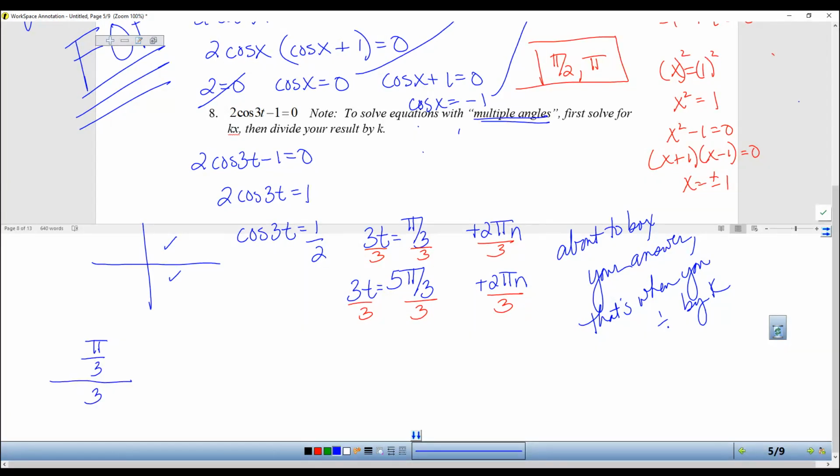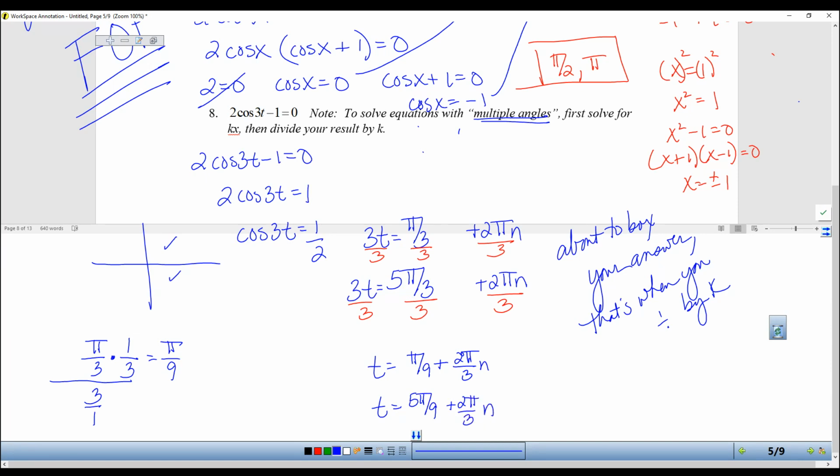The easiest way to divide fractions is actually a fraction by another fraction, not just a whole number. So change it to 3 over 1, and then flip it and multiply, or keep, change, flip. Either way, it's going to give you pi ninths. Got to get good at those fractions. So t is equal to pi ninths plus, and then that one is already a whole number, so you can just leave it 2 pi thirds n. And then the other one would be the same, 5 pi ninths plus 2 pi thirds n.